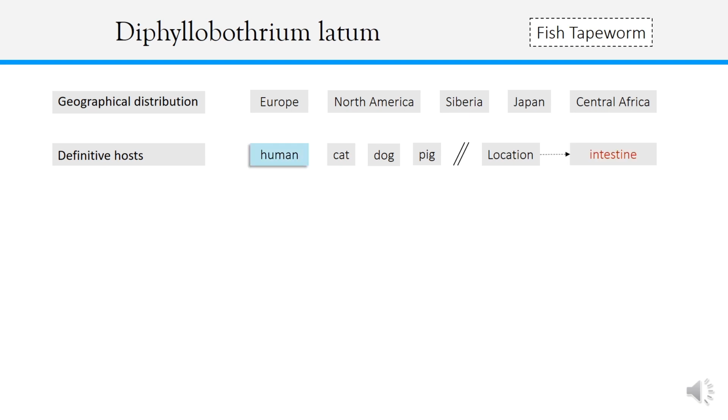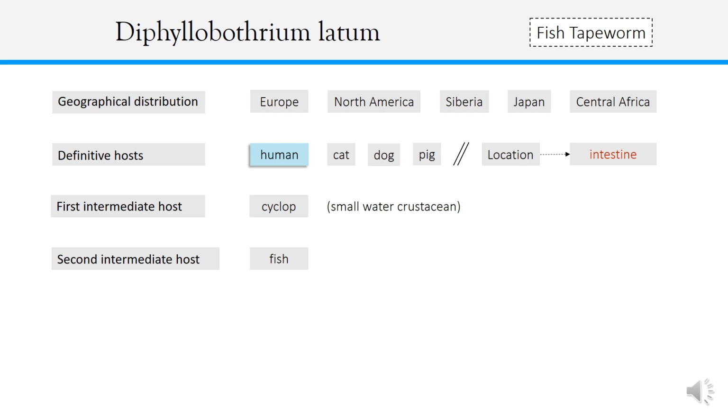Intermediate hosts, and this is a little bit tricky for Diphyllobothrium latum because it has not one but two intermediate hosts. Intermediate host number one is cyclop, a small water crustacean. But there is also an important element in the chain of infection represented by the second intermediate host, fish.